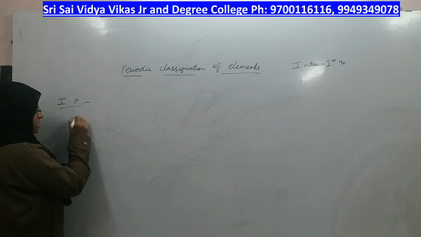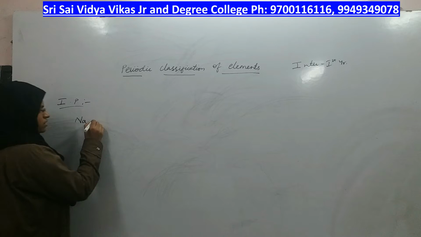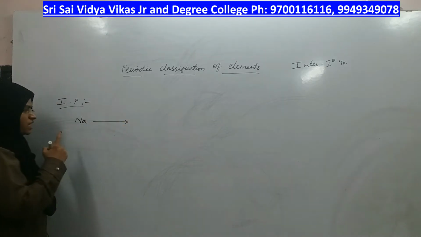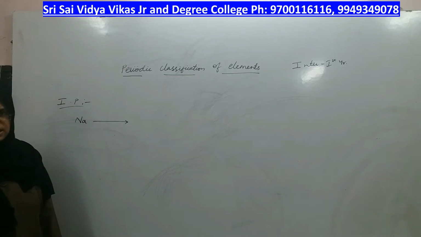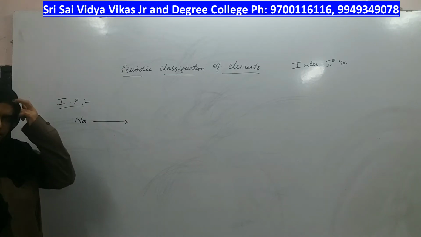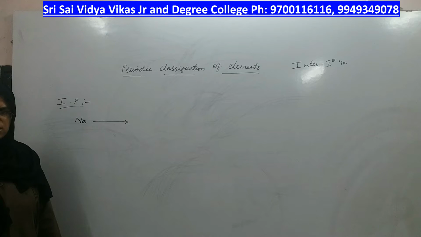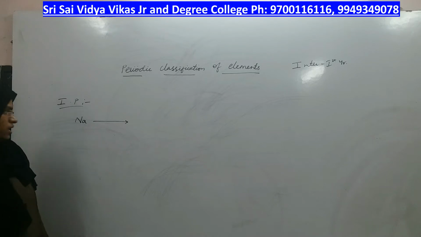So I have taken an example of, say, sodium, but the condition is that whichever atom you take, it should be a neutral gaseous atom, right? Whether it is a metal or non-metal, you have to convert it into gaseous form to remove an electron.